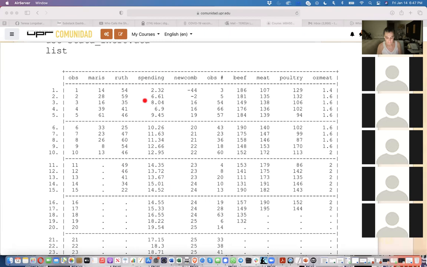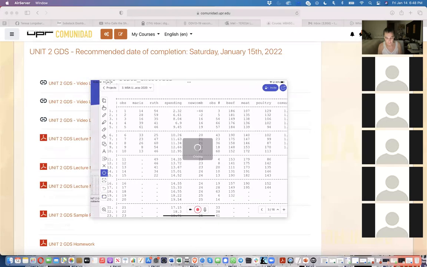This is the spending data. But here it's just the raw data. They've not been put in order. The next set of data is known as the Newcomb data. And then the last data set is this one here.